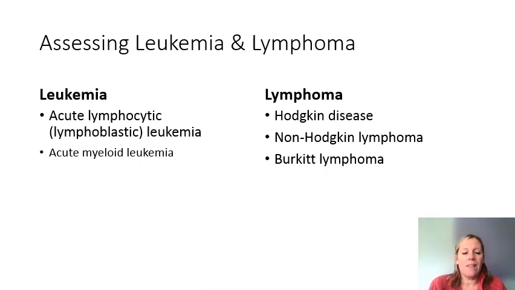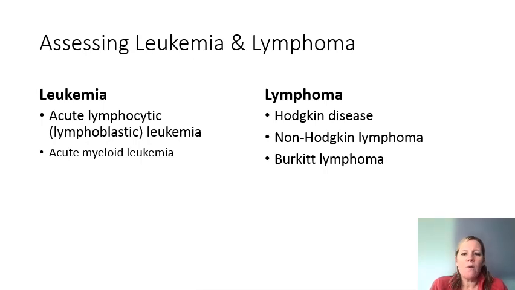Okay, and also on labs, it's going to reveal an elevated leukocyte count, as well as blast cells in the cerebrospinal fluid on spinal tap. Bone marrow aspiration is also going to help identify the types of white blood cells involved.